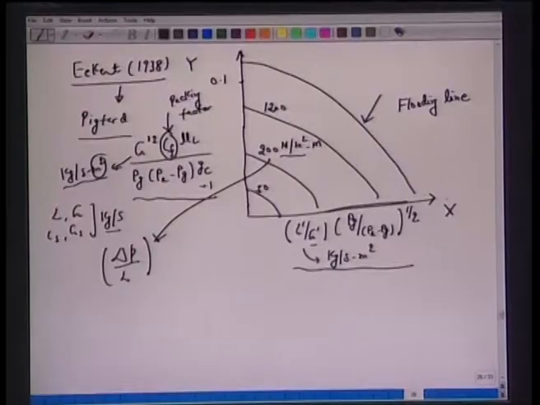So this is a plot, the graph, very classical plot prepared by Eckert, with some improvement or changes as given by Pickford. It's very important that you become familiar with this and how to use this. Okay, so more important here is to calculate x. If you calculate L prime by G prime, it's very easy to see that if we increase this number, keeping G prime constant, it's possible that we hit this flooding line.